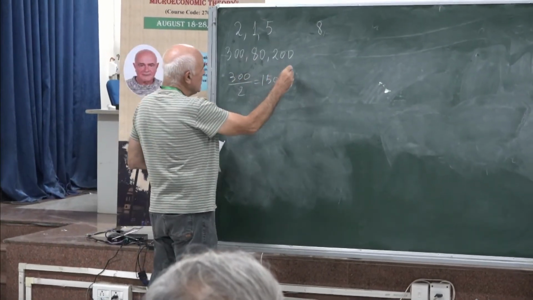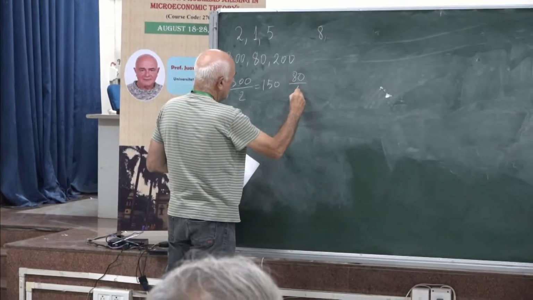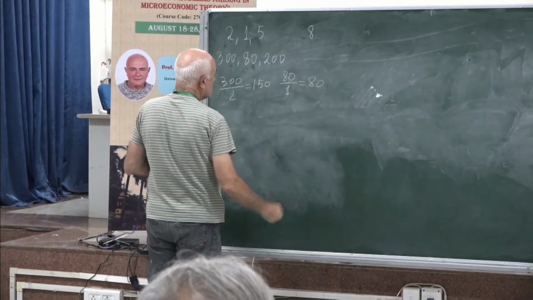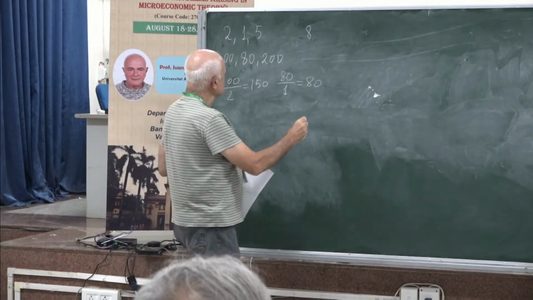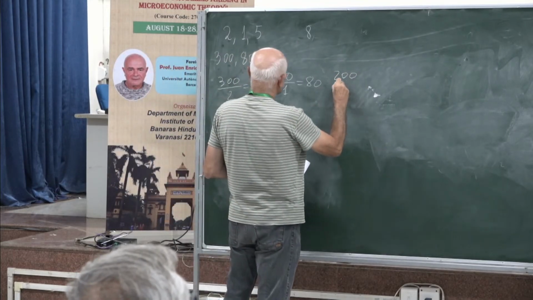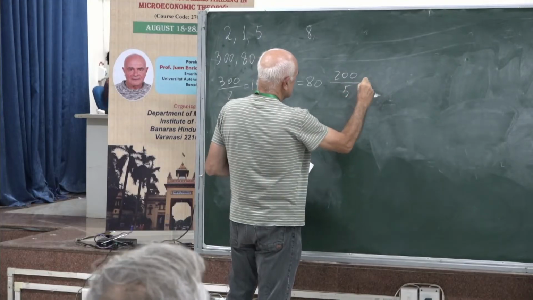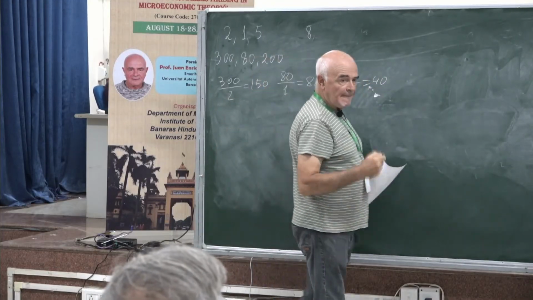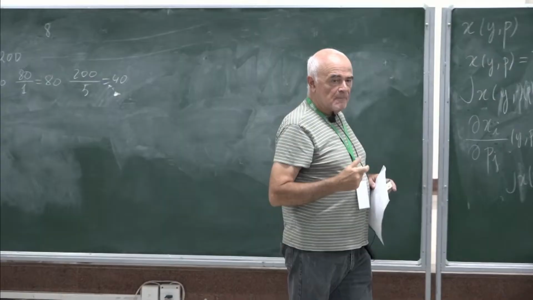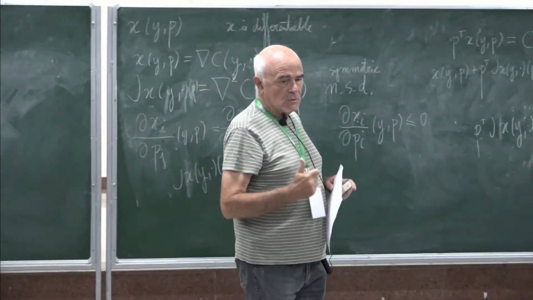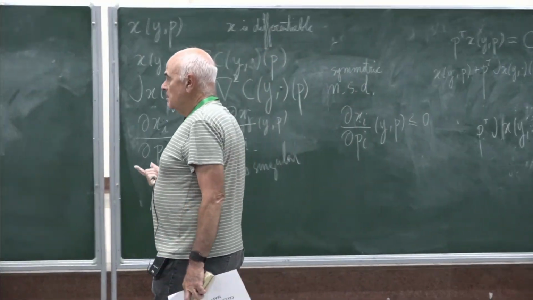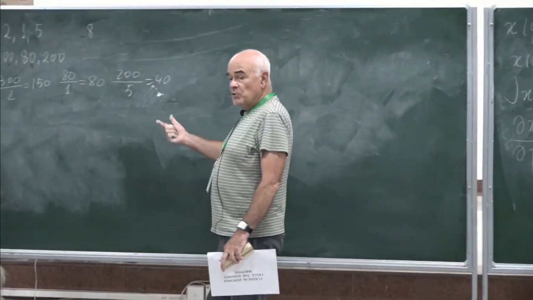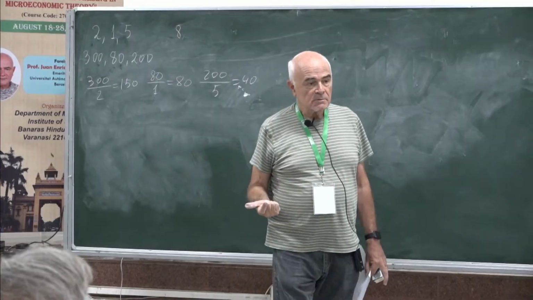But the same with B, but I have too little of C. So only 40. Of the other chemical products, I have too much, which I'm not going to use.